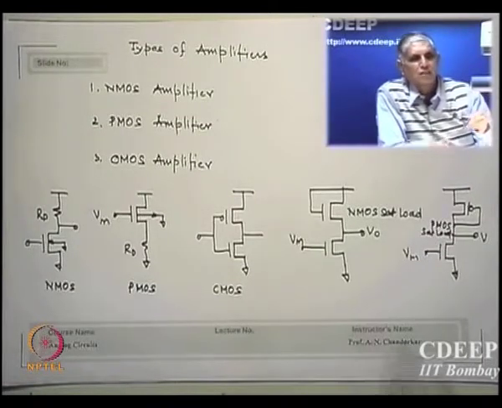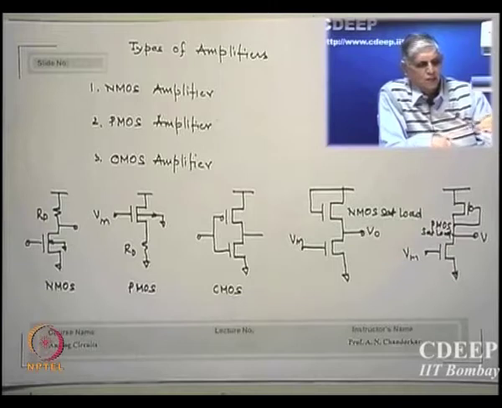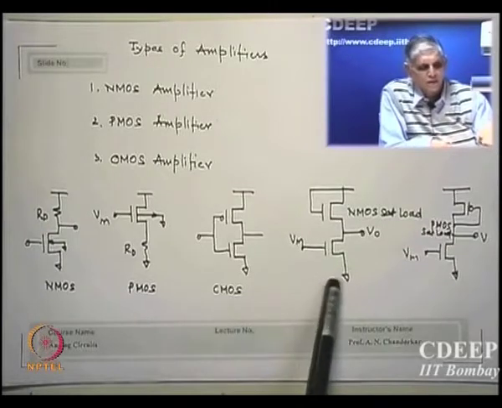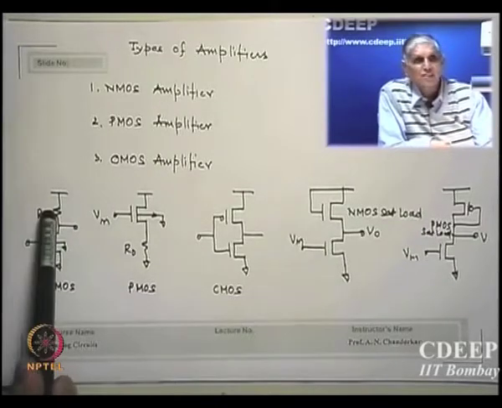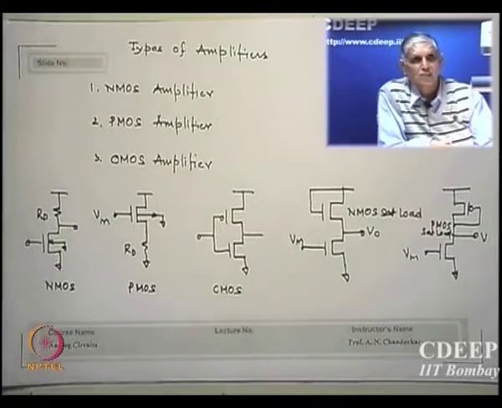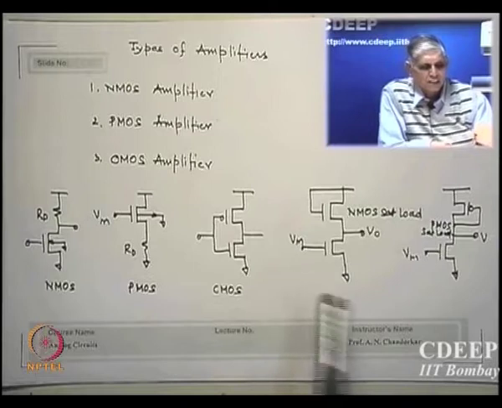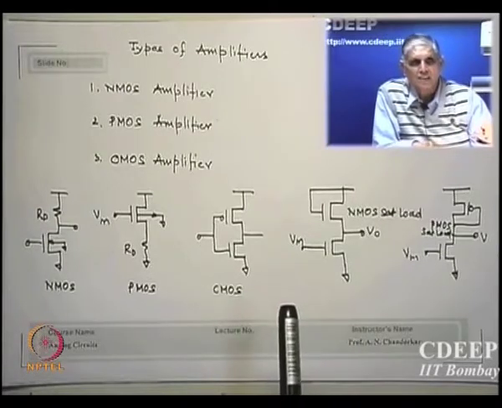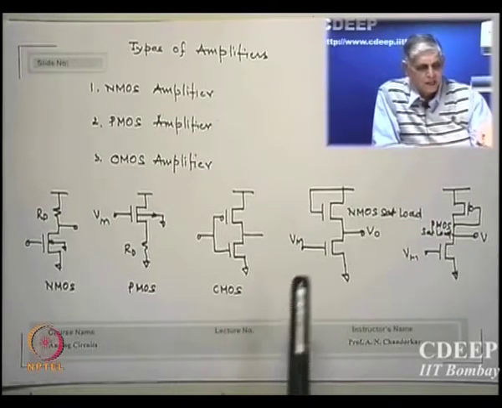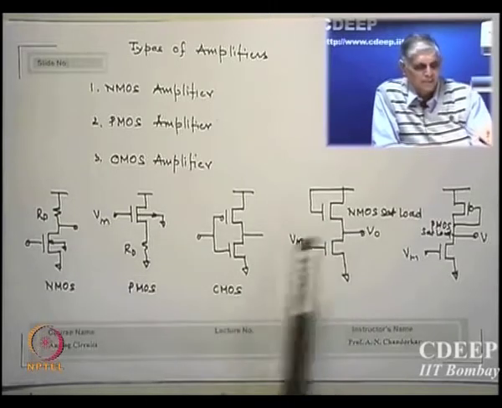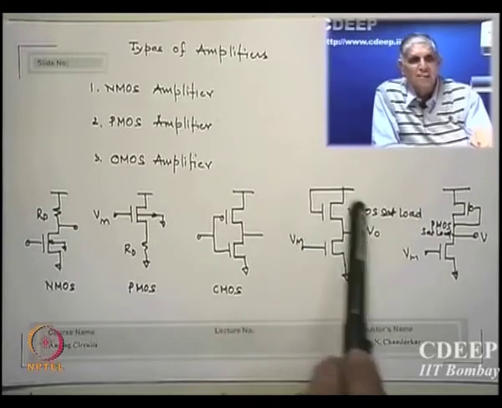Then there are other names we give, based on loads. So you have an NMOS amplifier, the first one with a resistive load. You can see the resistance is the load resistance. In the fourth case, the resistance is replaced by a transistor, which is equivalent, and this transistor acts like a resistor.